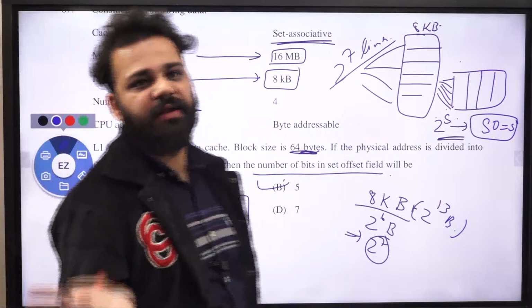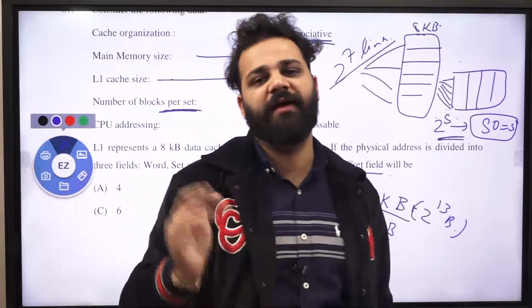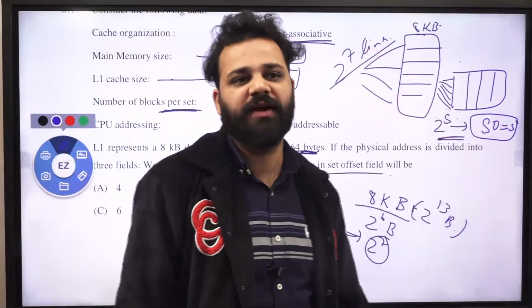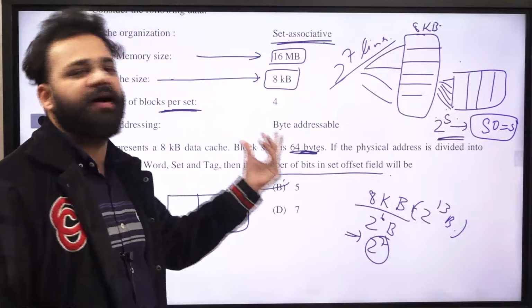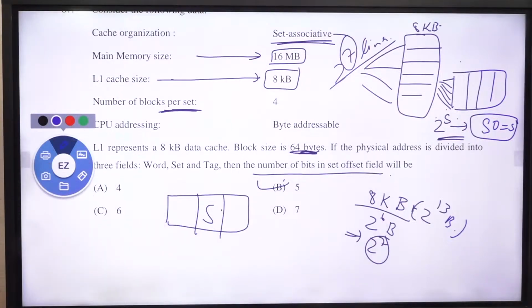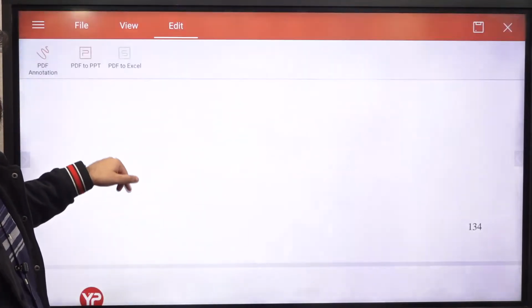We are just dividing the cache into number of blocks, and then those blocks into the sets of 4. So we have to find the set offset. It will be equal to 5. If they would have asked line offset, it would have been 7. Yes, correct, Nishu.